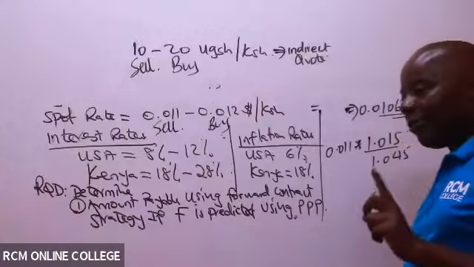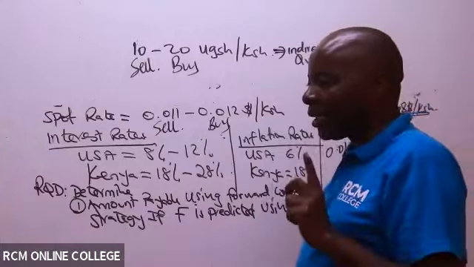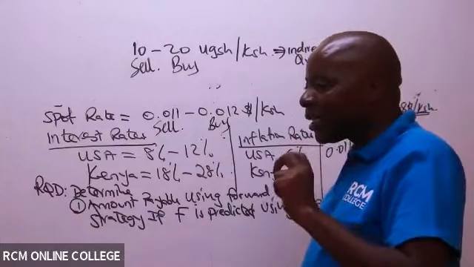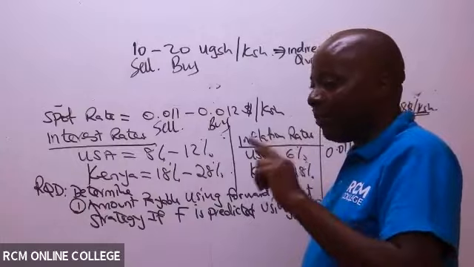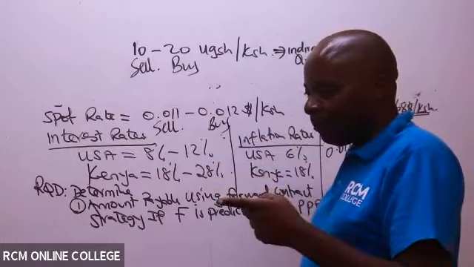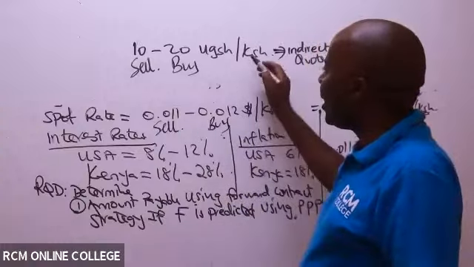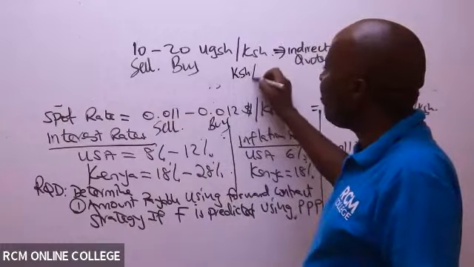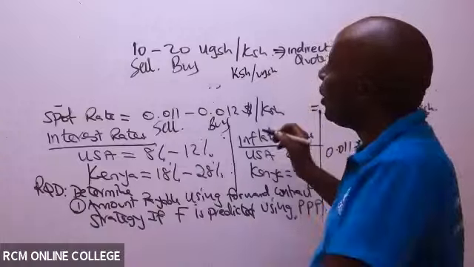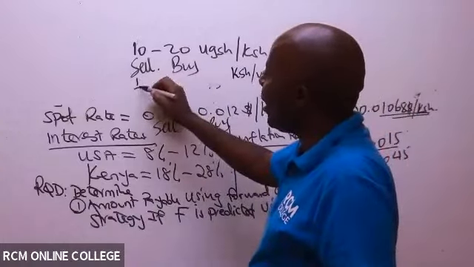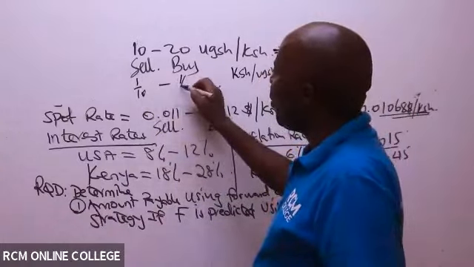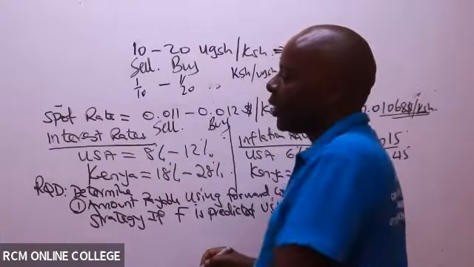The other option is for you to make these rates direct. The students who like this approach, you make the rates direct. How do you make the rates direct? By reciprocating things. If I want this to be Kenya shilling per Uganda shilling, how do I go about this? I'll say 1/10, and then this one here will be 1/20. So what is 1/10?